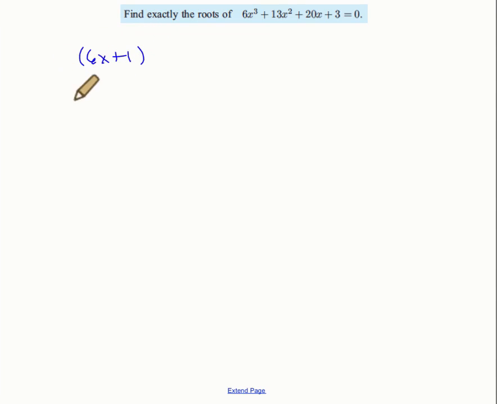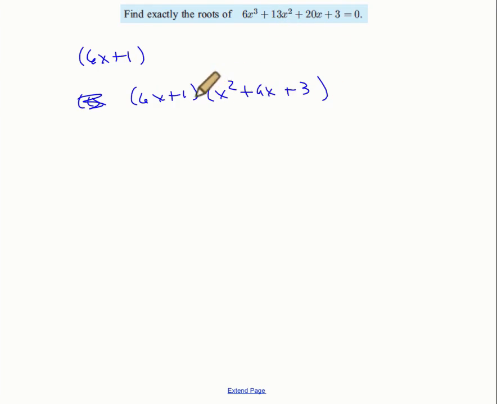So here we go again. We have 6x plus 1 times x squared plus ax plus 3, because a linear times a quadratic is going to give me a cubic.